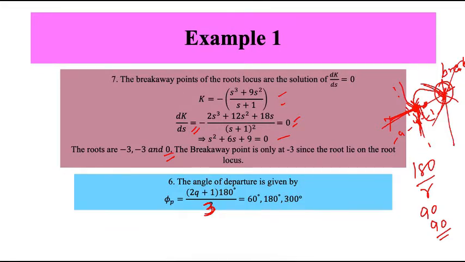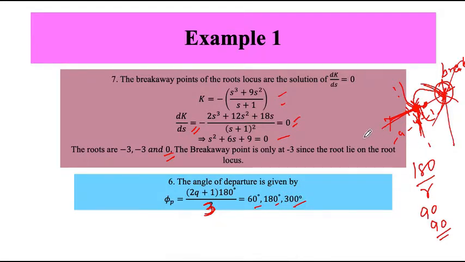Again, how will they move? These 3 are coming here and will move away. What will be the angle? The angle will be (2q+1)/3 times 180 degrees, so it is 60, 180 and 300. You can even say -60.